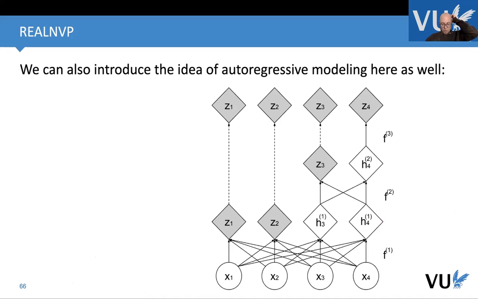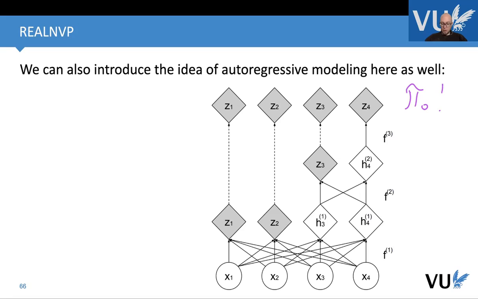Right. What is also very nice is that we can introduce the idea of autoregressive modeling here as well, because we can use it for modeling this simple distribution. And how can we do that?